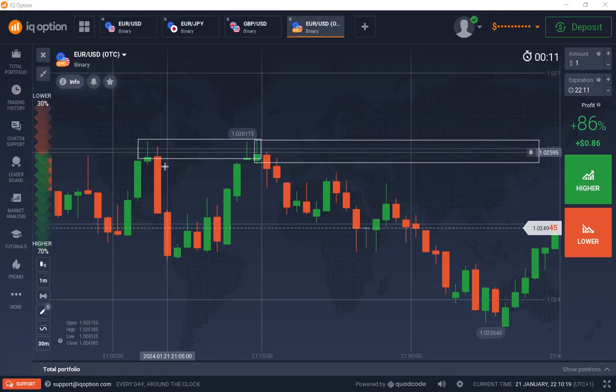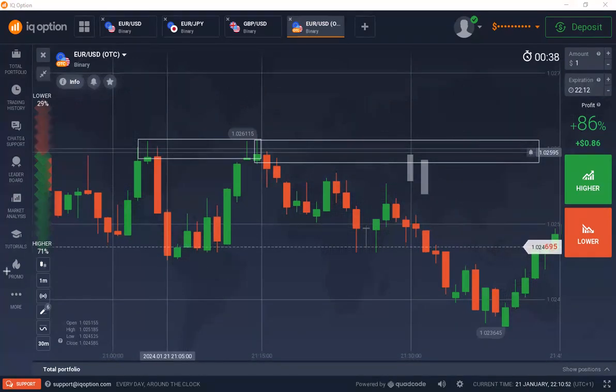This is my resistance, but now I'm going to make use of it as a supply zone, which means I will be expecting the market to reach inside the supply zone, then I'll enter the trade on the next candle. That will be my expectation on the next price movement.